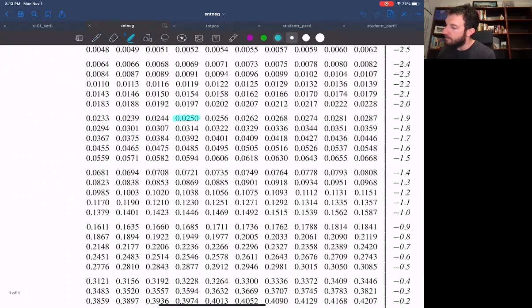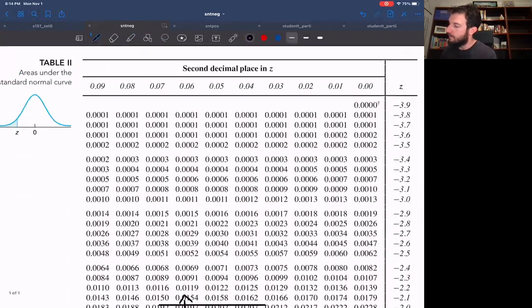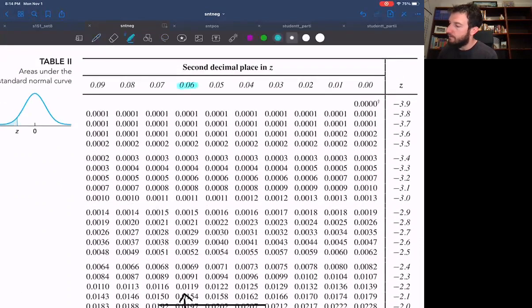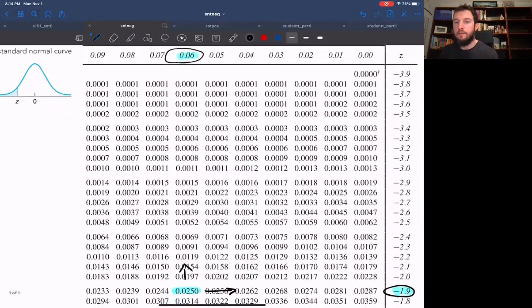That's right here. Then we go out to the axes. So that gives us negative 1.96. Okay, so the critical value for this test is negative 1.96 in the lower tail, positive 1.96 in the upper tail.